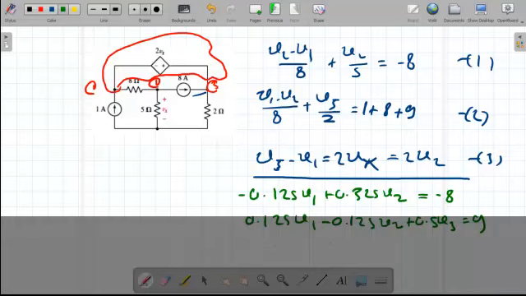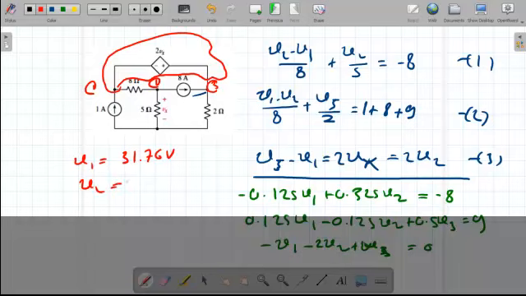The last one becomes minus V1 minus 2 V2 plus V3 equals 0. So after we solve these three equations, we will get V1 equal 3176, V2 equal minus 12.4 volt, and V3 will equal 6.96 volt.